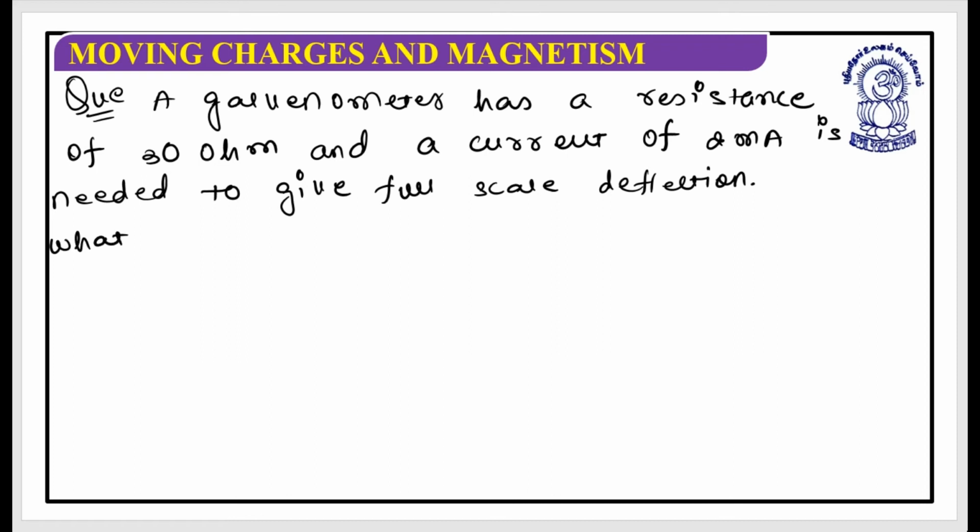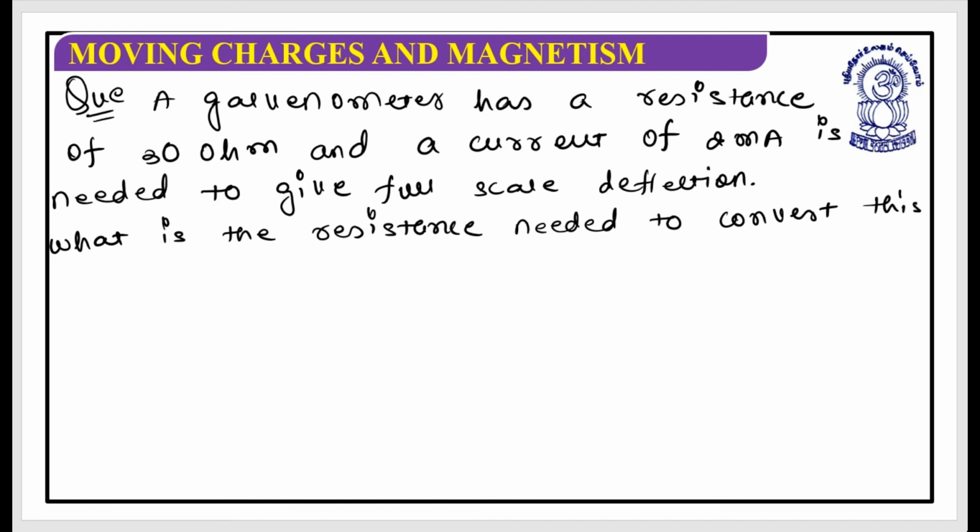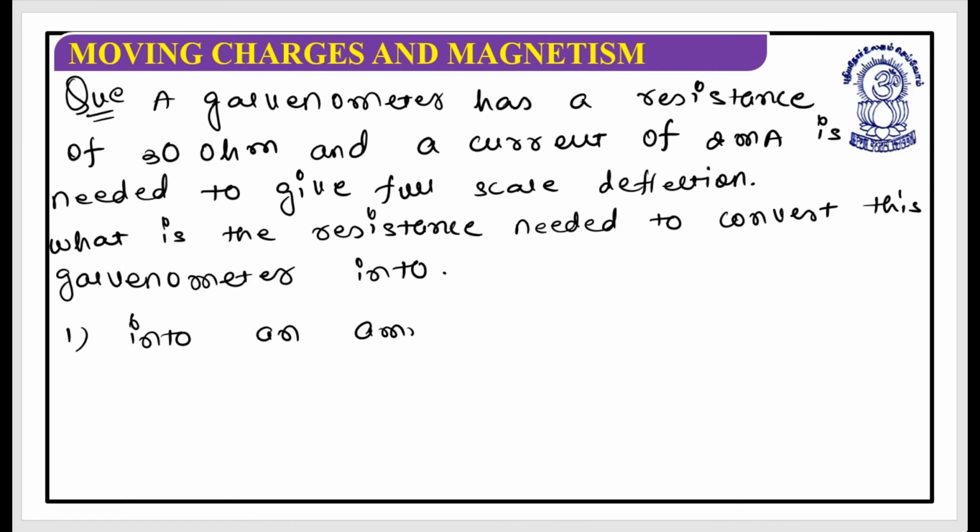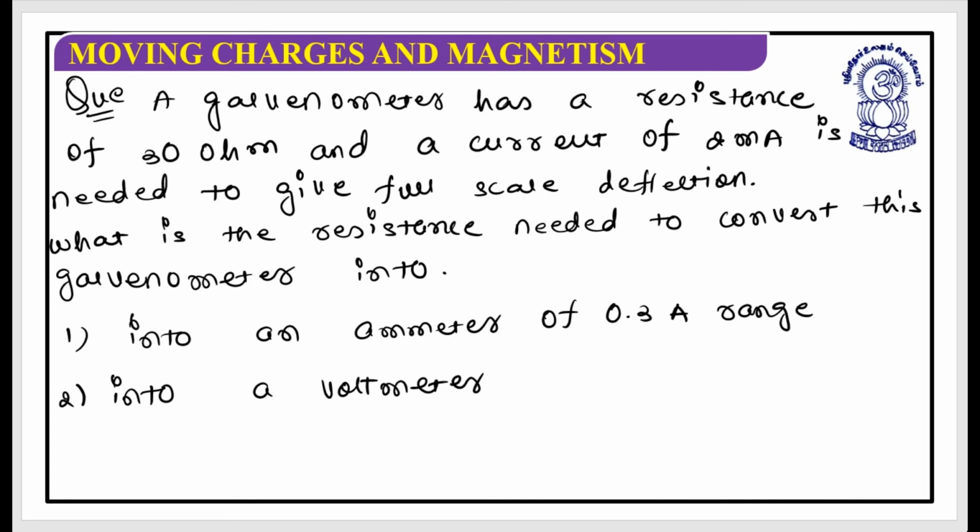What is the resistance needed to convert this galvanometer, first, into an ammeter of 0 to 0.3 ampere range, and second, into a voltmeter of 0 to 0.2 volt range?